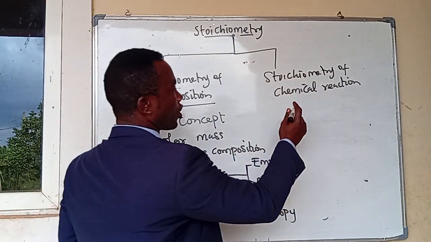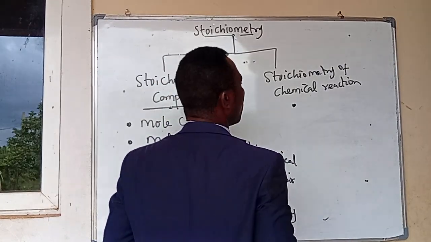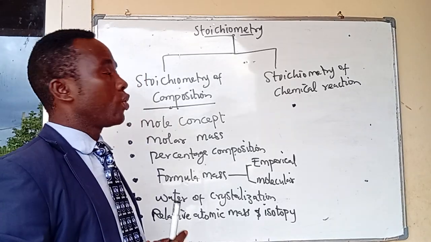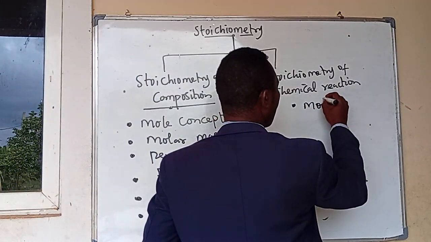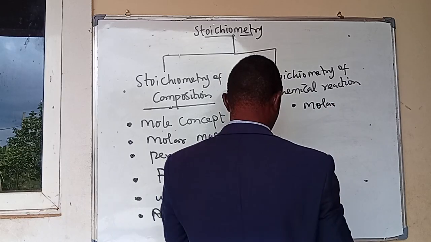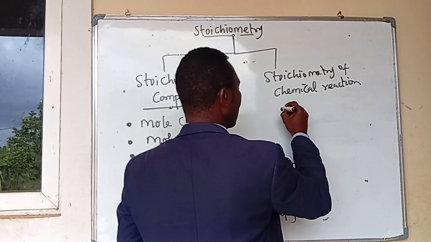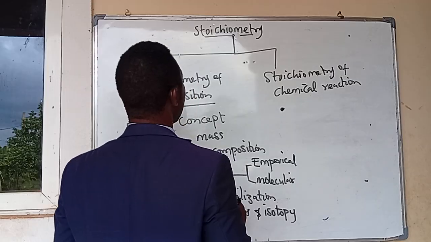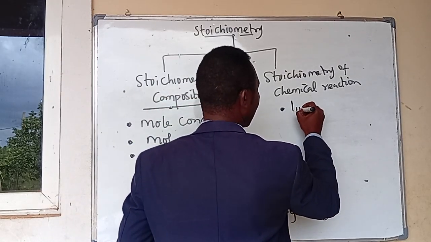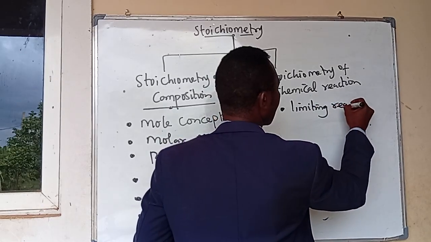Now, when we come to stoichiometry of chemical reaction, you need to balance the equation of reaction. For example, let me start from the simpler aspect. We can take limiting reagents.